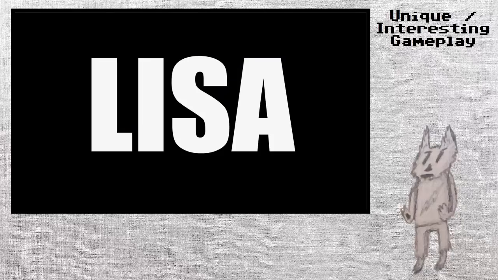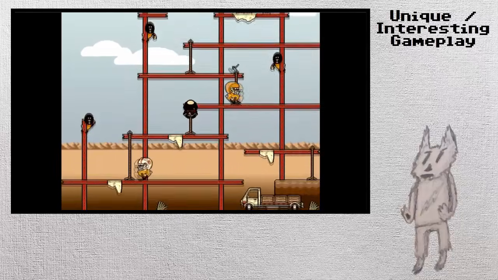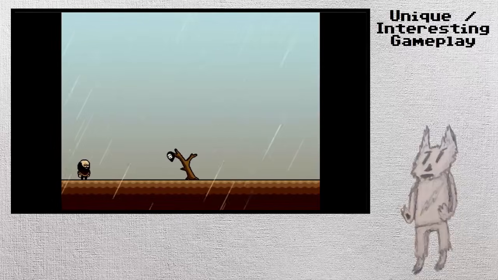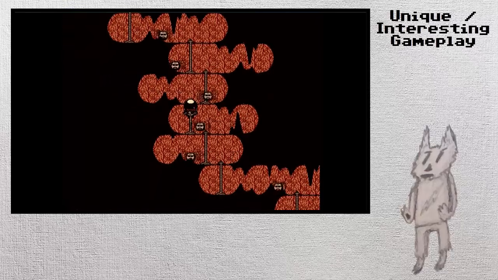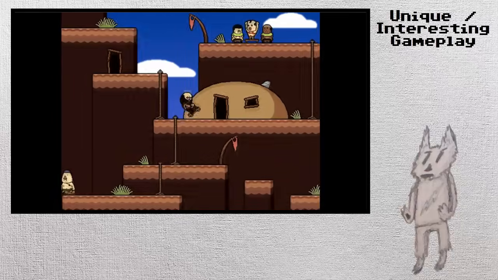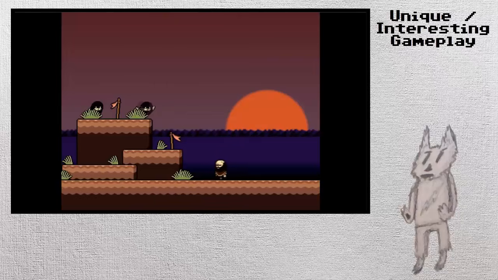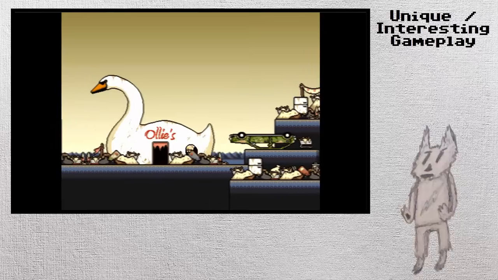Speaking of Lisa, it is a standard RPG, but it has major exploration and world building, segment 5, and the battle system, although basic RPG Maker, again, RPG Maker has that aura of stank, but Lisa really does a good job with it. It has very unique character animations and super riveting strategy and difficulty.